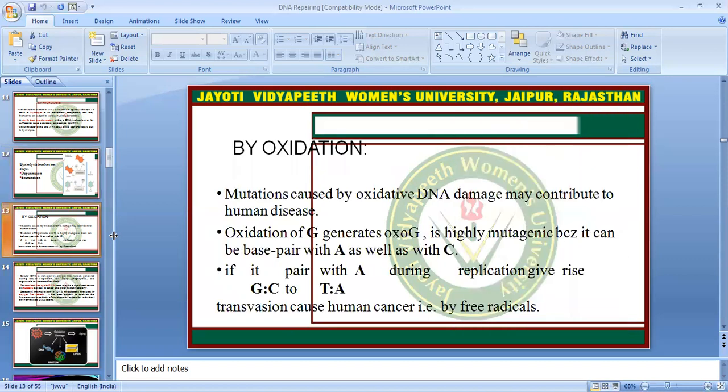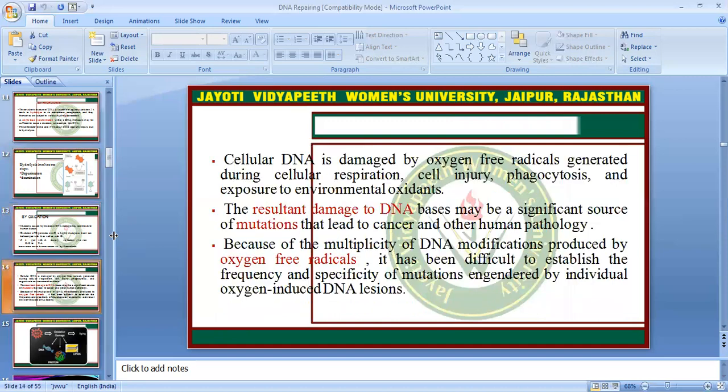In the oxidation process, mutations caused by oxidative DNA damage may contribute to human disease. Oxidation of G generates OXO-G, which is highly mutagenic because it can base pair with A as well as with C. If it pairs with A during replication, it gives rise to a GC to TA transversion, causing human cancer through free radicals.